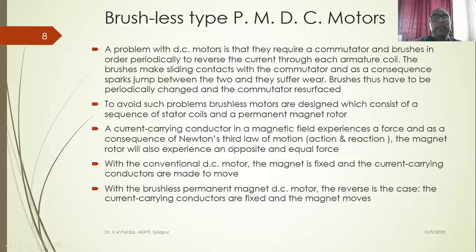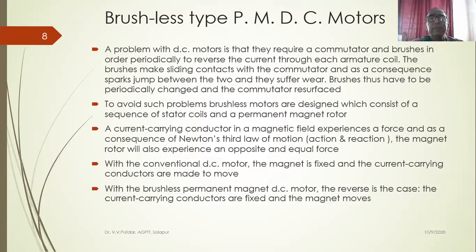So let us briefly see. The problem with brushed DC motors is that they require a commutator in order to periodically reverse the current through each armature coil. The brushes make sliding contact with the commutator, and as a consequence, sparks jump between the brushes and the commutator.